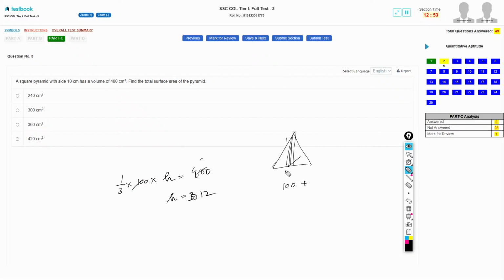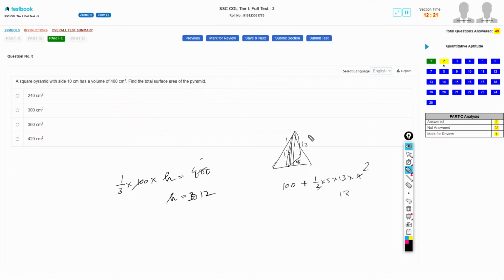This is 5, this is 12, so this is definitely going to be 13. So half into 10 into 13 into 4 surfaces, which is 260, plus 100 is 360. So 230 is not an option. Excellent.